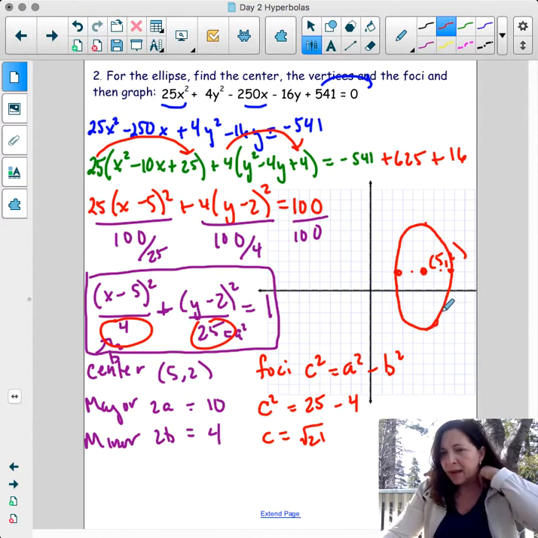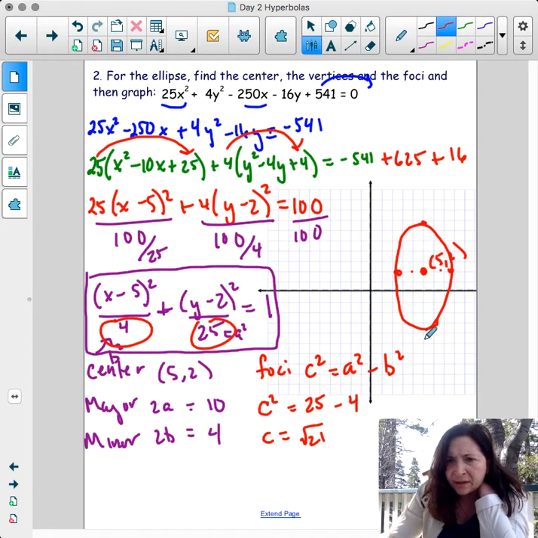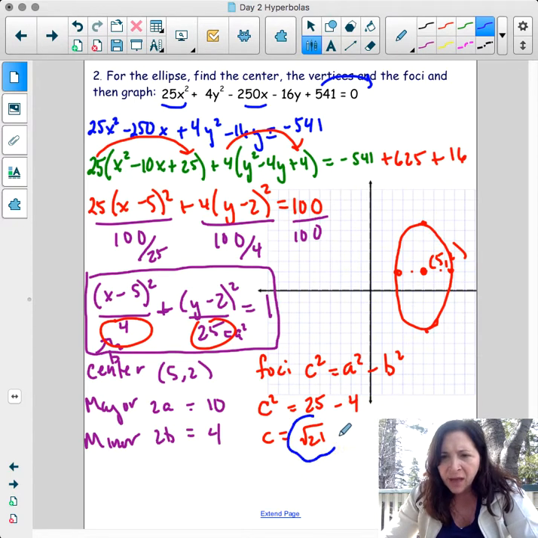Now, of course, you're going to need to label your vertices. In addition to labeling your vertices on your major axis, I would suggest also labeling your foci. And remember, your foci are always on your major axis. If my foci are on my y-axis, I'm going to add this value to my y coordinate.